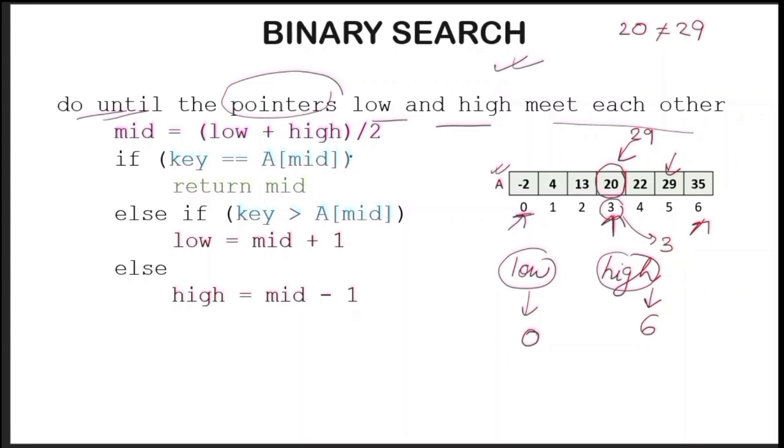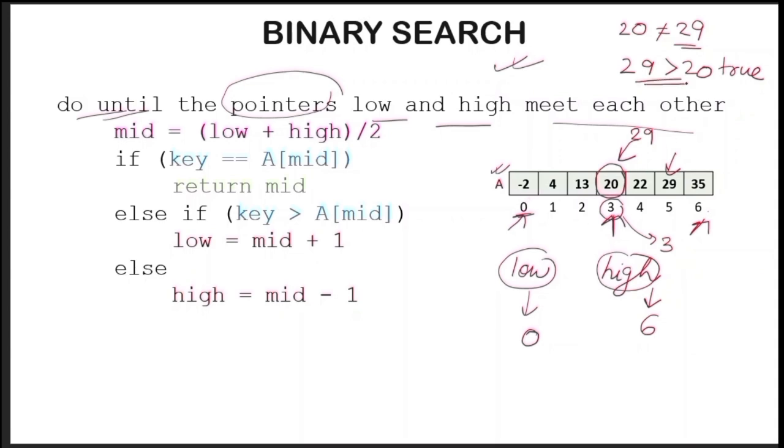then your key value 29 is checked whether it is greater than your mid value, that is 20. So 29 is greater than 20. It is true. In this case, your high pointer was pointing to 6 and your low pointer was pointing to 0.